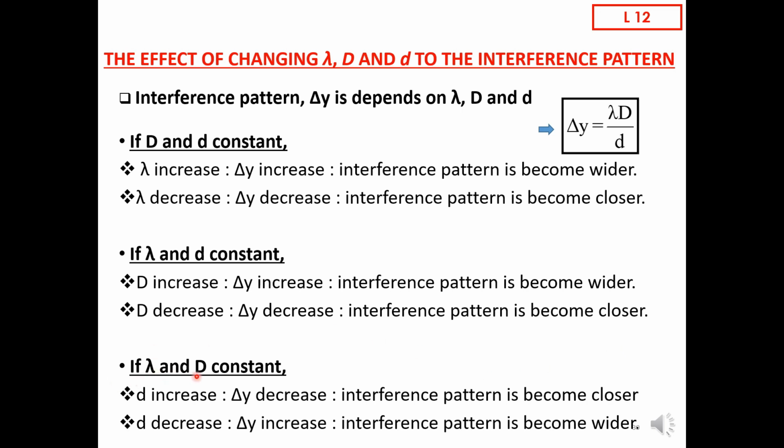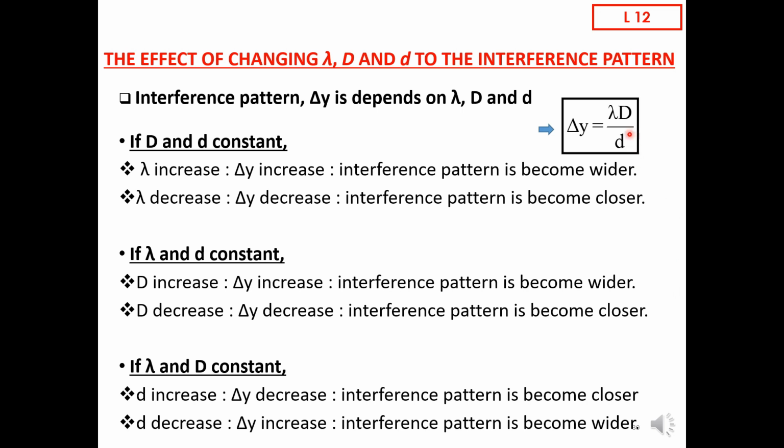If lambda and capital D are constant, then small d and delta y are inversely proportional. So if we increase the distance between the two slits, the delta y decreases and the interference pattern becomes closer.